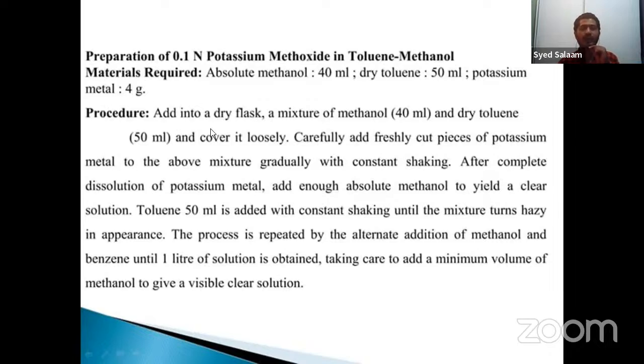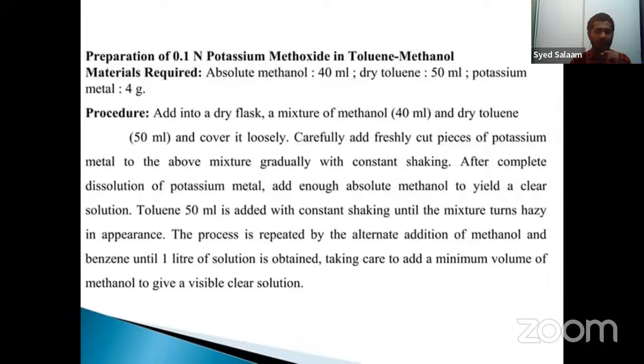First of all, into a dry flask, meaning one without any water, add a mixture of 40 ml methanol and 50 ml dry toluene, toluene which does not have any water in it. Cover it loosely and carefully add freshly cut pieces of potassium metal. The mixture is constantly shaken until the potassium metal dissolves completely.